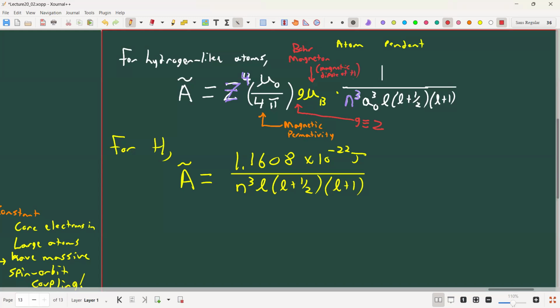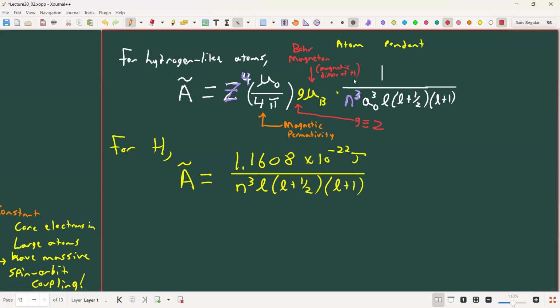So the coupling is dependent on how much magnetic information can transmit through the vacuum. That's important if you're thinking about spin. It's dependent on the strength of the magnetic dipole of the spin itself. And then also the electronic conditions of the electron. So we have some magnetic information, nuclear information about the magnetic properties of the spin, and about the electronic properties of the spin.